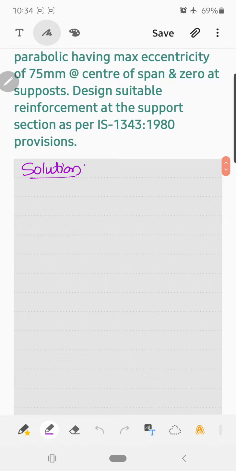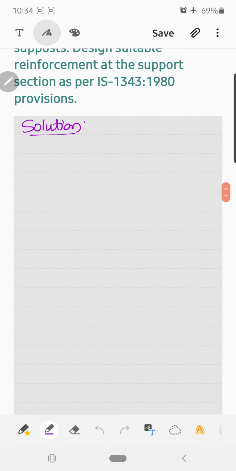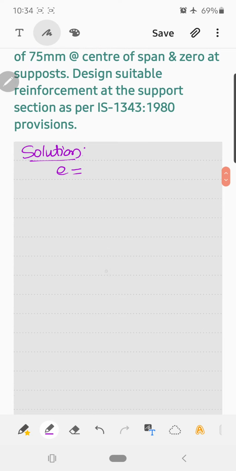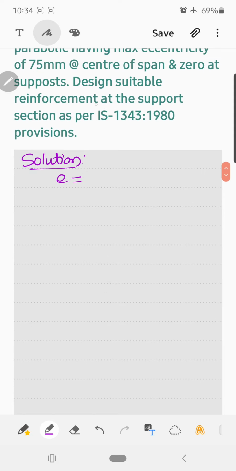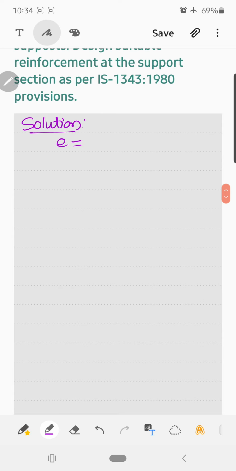So let us solve this. We have to calculate suitable reinforcement at the support section. Now the eccentricity is 75 mm, so the effective depth is 250 by 2 plus this 75.